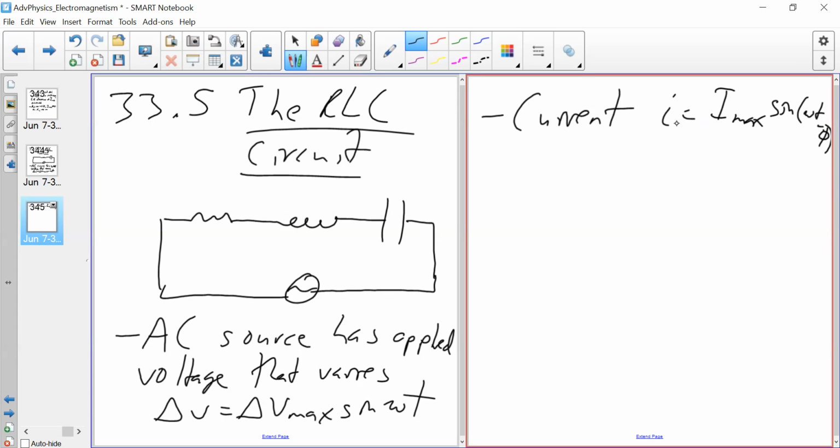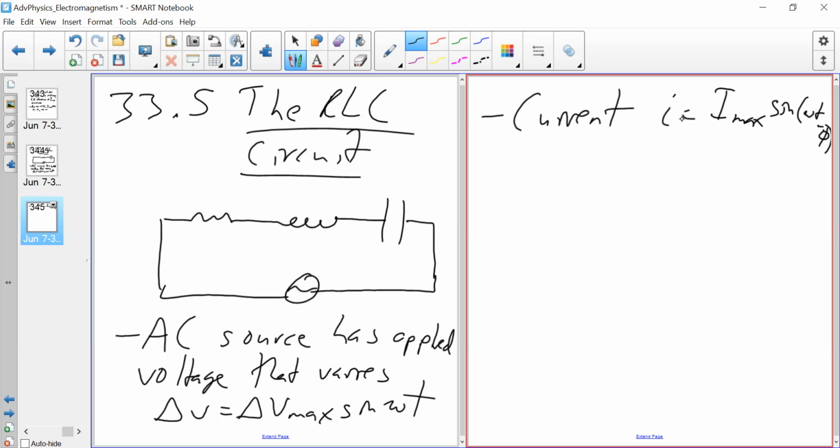So we've already seen the cases of Imax and voltage being in phase for the resistor circuit. In the inductor circuit, the voltage is going to lead the current by pi over 2. And in the capacitor circuit, which you just saw, the voltage lags behind current by pi over 2. So now we're going to represent all that in a phasor diagram.